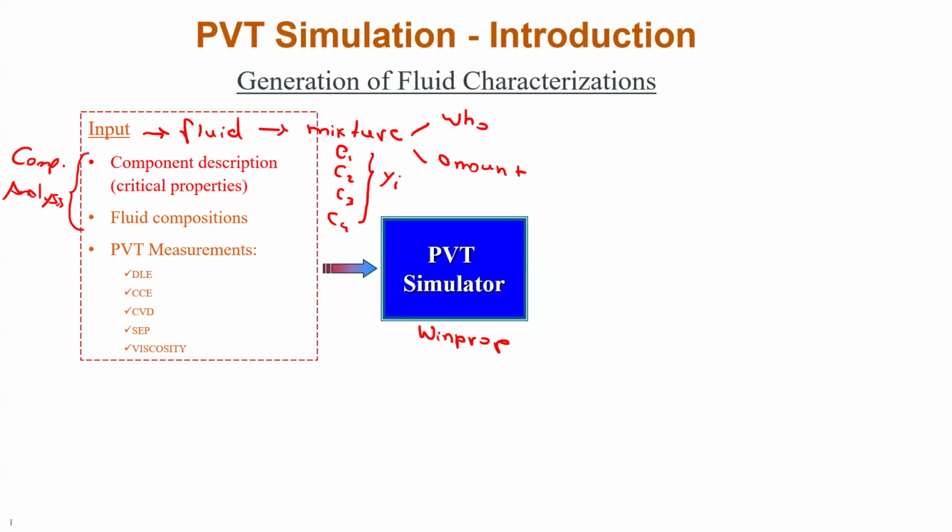The second part is to carry out PVT measurements. So you have a bunch of them, depending on the kind of fluid that you have. If your field is an oil field, you have some experiments that are traditionally done for oil characterization.